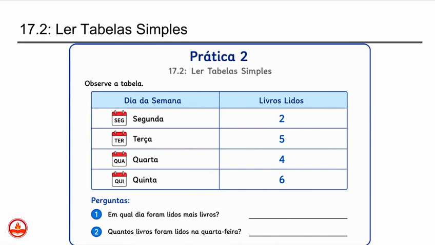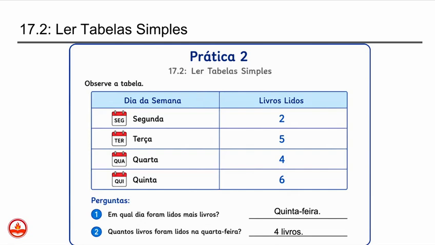I'll give you 15 seconds to think. Time's up. Now let's check the answer. Compare all the numbers.